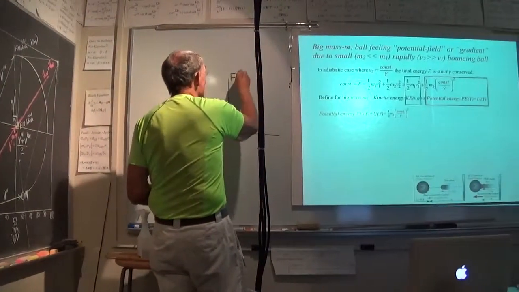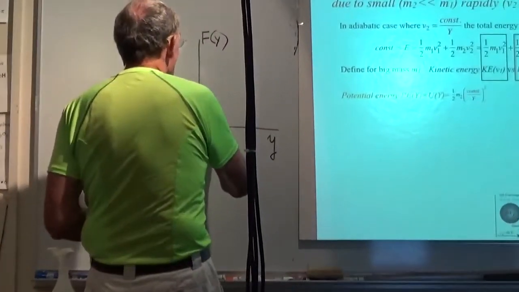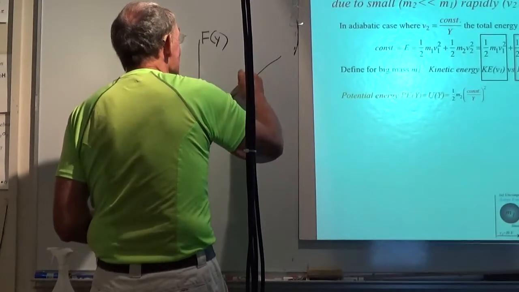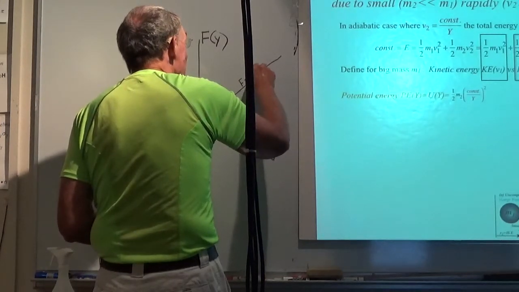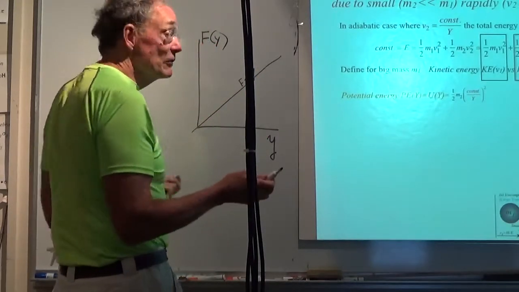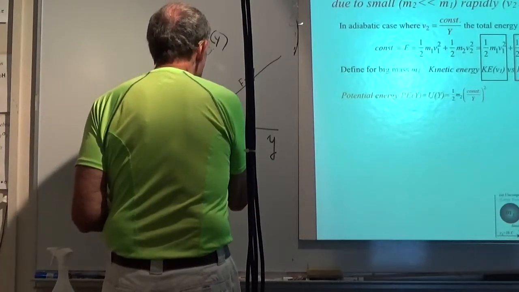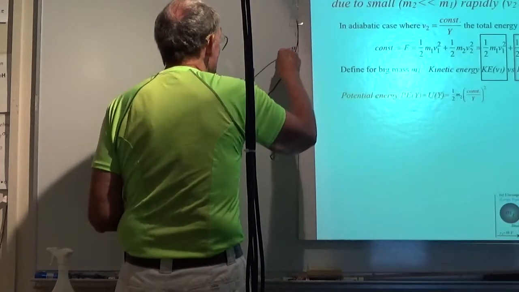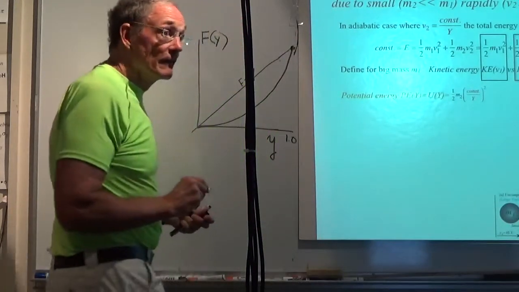The most famous force laws, F of y, are Hooke's law, right? That's F equal to a spring constant times y. Let's make the spring constant 1, all right? That's the most famous. Sometimes you get a force law that's quadratic, a nice parabola coming up here, and let's make the constant 1, so this is 1.0 right there.